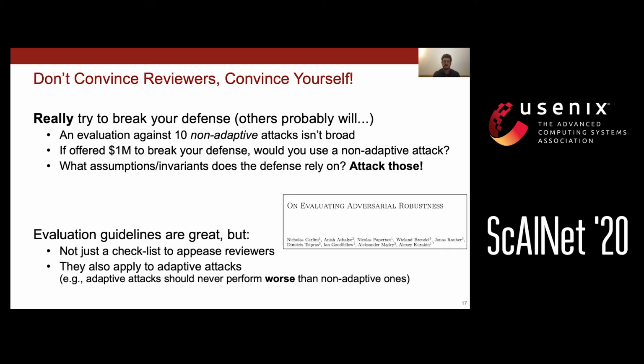So things like checking that an attack has converged properly, or that an attack succeeds when the perturbation budget is unbounded, these are things that should also hold for adaptive attacks, and so it's good to check these. And the particularly striking failure case that we see in some evaluations is that a proposed adaptive attack actually performs worse than the best non-adaptive attack. And this should, of course, never be the case if the adaptive attack was designed to be as strong as possible.